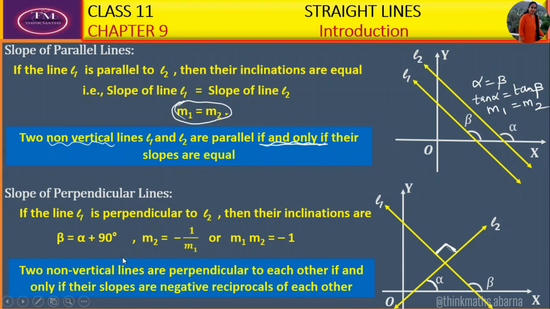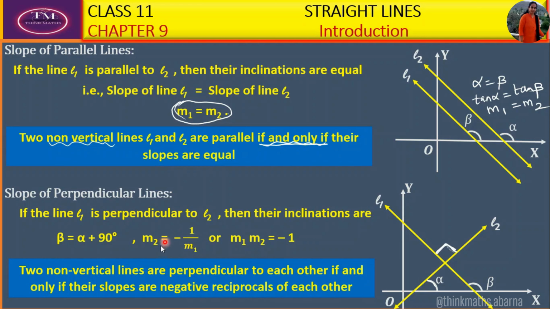Now we can come to the conclusion that two non-vertical lines are perpendicular to each other. Okay. So these are not perpendicular to the x-axis. So they are perpendicular to each other. L1 is perpendicular to L2. Two non-vertical lines are perpendicular to each other if and only if their slopes are negative reciprocals of each other.